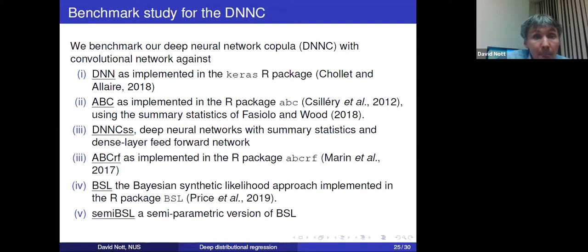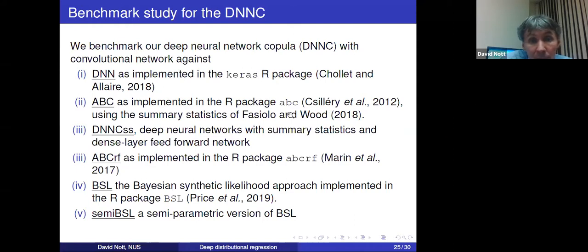We're going to benchmark our copula approach against some other methods. We're going to use a naive DNN approach. We're going to use an ABC approach with heteroscedastic neural network adjustment.